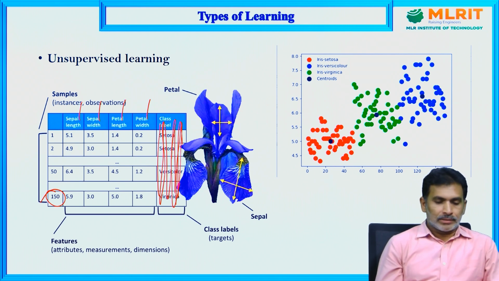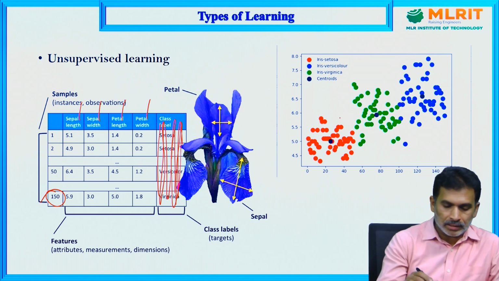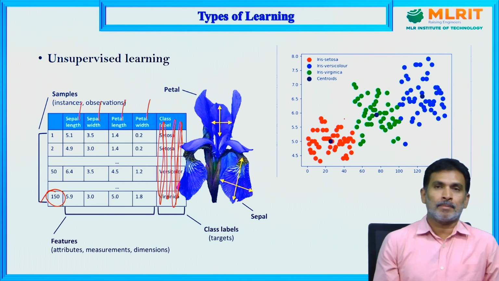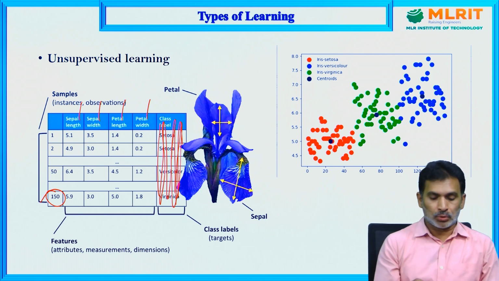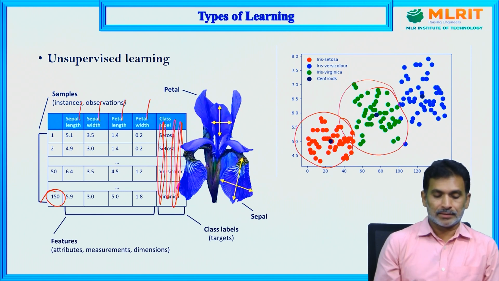So here you can see the data. That is unsupervised learning. If you use a clustering algorithm, it would group the data points when you plot them in this 2-dimensional space. These could be labeled red iris setosa, and these green iris virginica.